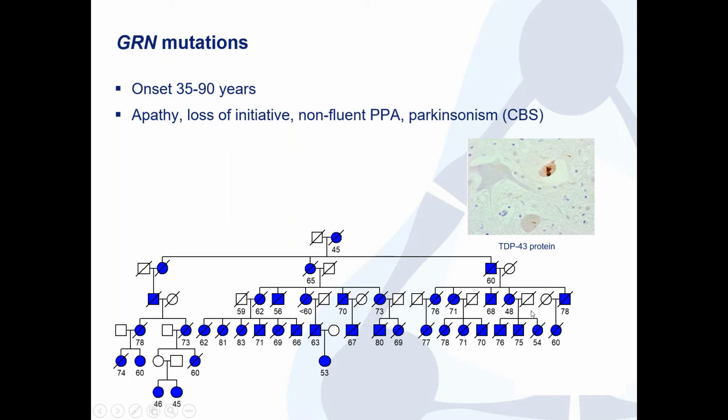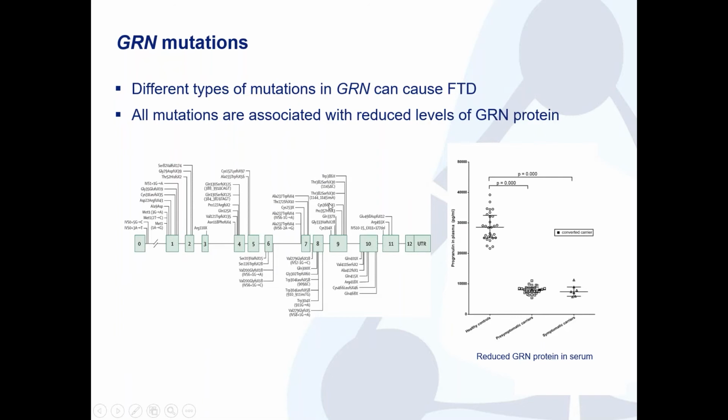Here again is one of our large Dutch families with a progranulin gene mutation. All these blue symbols represent persons that are affected by FTD due to the same progranulin mutation.